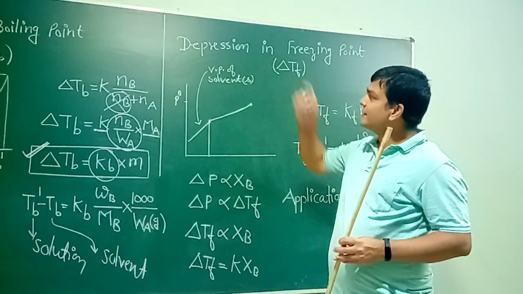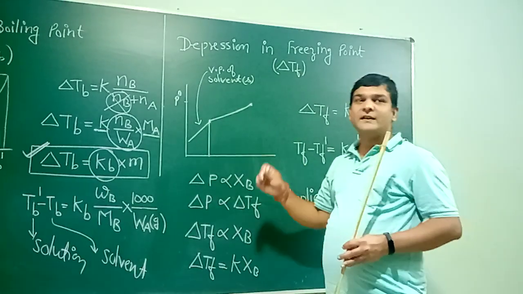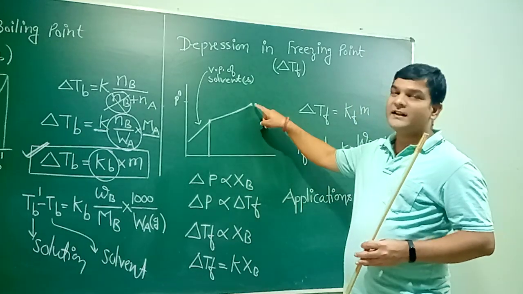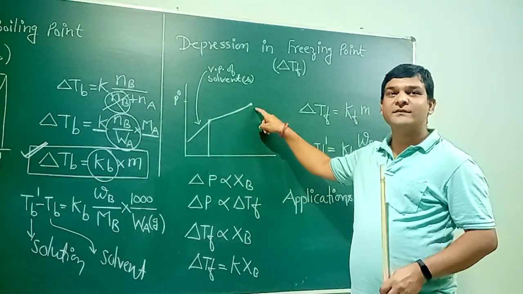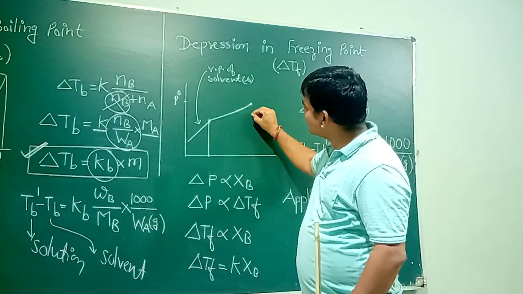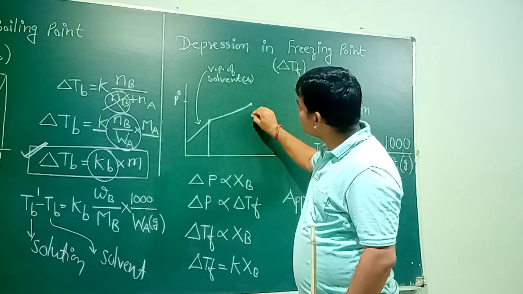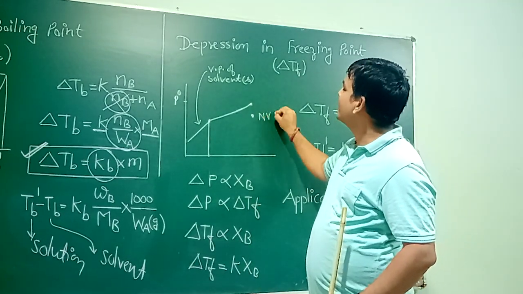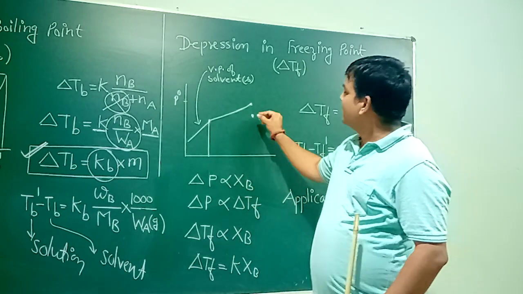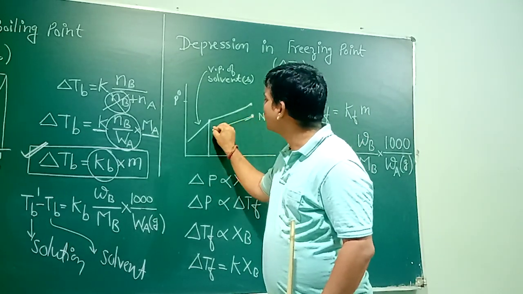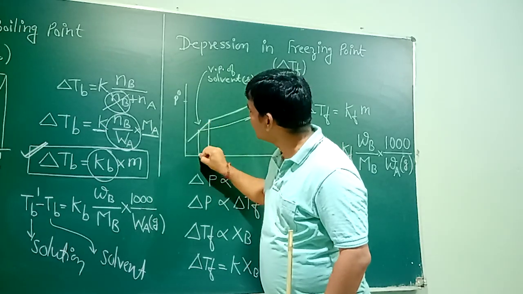Now what is depression in freezing point? Once again we will add some amount of non-volatile solute in the pure solvent, it means in water. When you add non-volatile solute, vapor pressure decreases. Let this be the vapor pressure curve of the solution now having non-volatile solute. Decrease temperature, vapor pressure decreases like this, and now it freezes at this particular temperature.